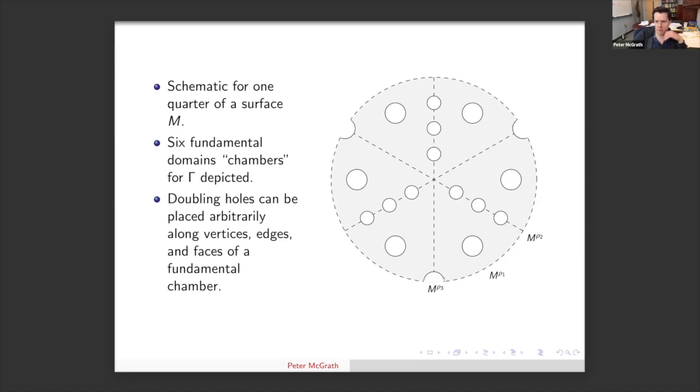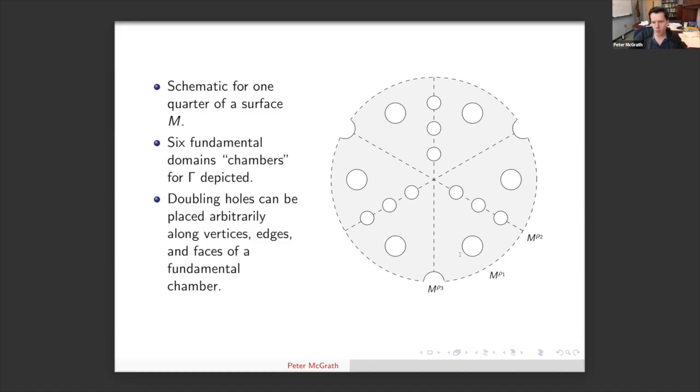If we look at one of the fundamental domains, which is a triangle, in this picture I've cut out 3 doubling holes along this edge, 1 along this corner, none along this corner or here, and then just 1 along the interior of this face.